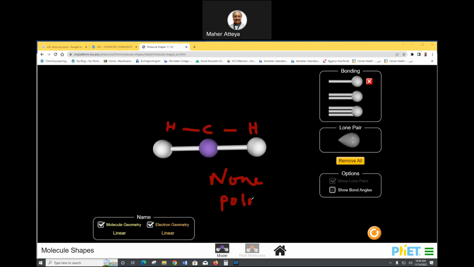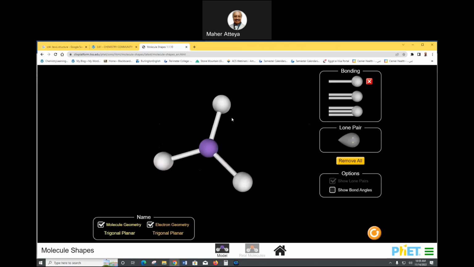So let's add another one. Now all those are the same, correct? Like the compound where this is boron, and these are 3 hydrogens: BH3. Is this compound polar? The answer is no. Why?